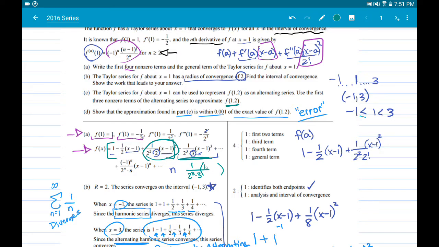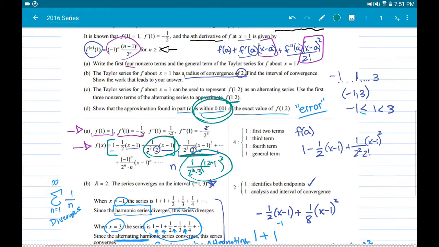And so I would put a 1.2 minus 1 cubed. When I evaluate this, I'm going to get some number. I'm going to get some fraction. And that fraction, if I did it right, should be less than that number. If it's less than, you're saying it's within that error range.